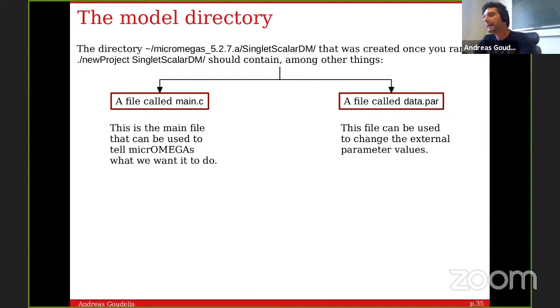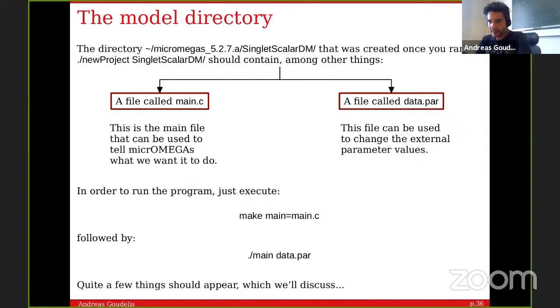And then there is a second file called data.par, which can be used to change the external parameter values. So everything that you have in your vars.mdl file can also be accessed in real time as you run the program through this data.par file.